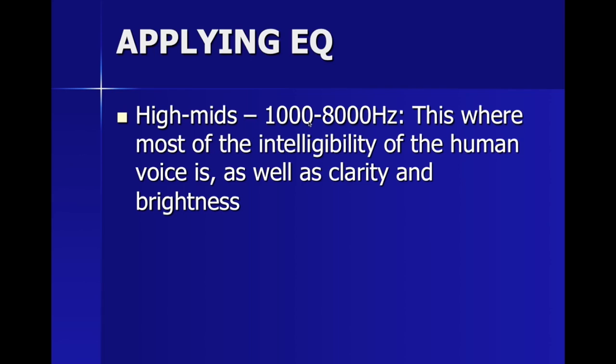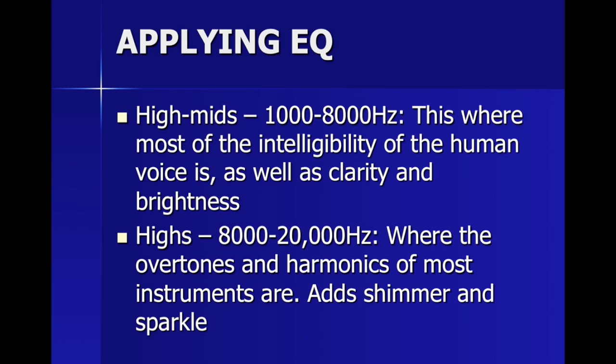So this is where you go if you're looking to increase clarity, brightness, and intelligibility in a track. This could be a guitar pluck, it could be the beater of a kick drum, it could be the quality of a person's voice. All of that stuff lives in the 1,000 to 8,000 hertz range, and that's where you go if you want to try and make a track sound a little bit more upfront and clear in a mix.